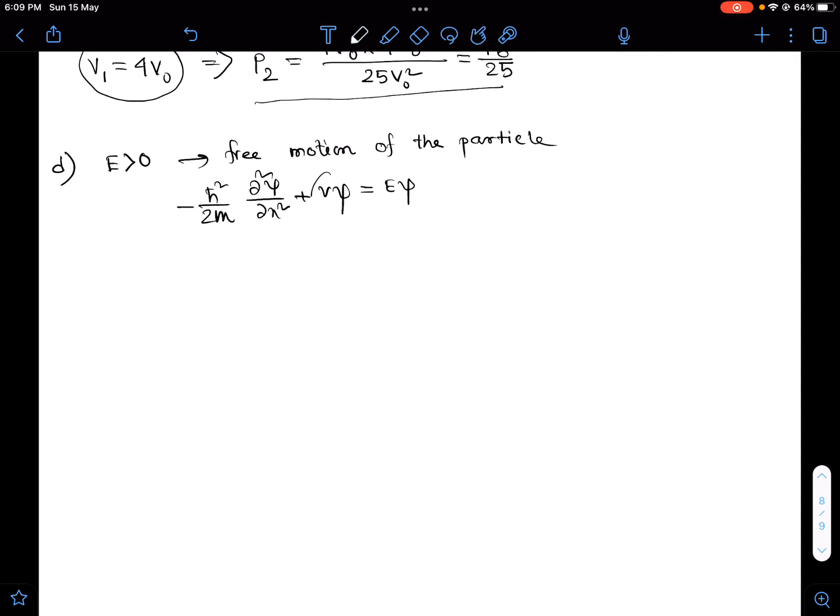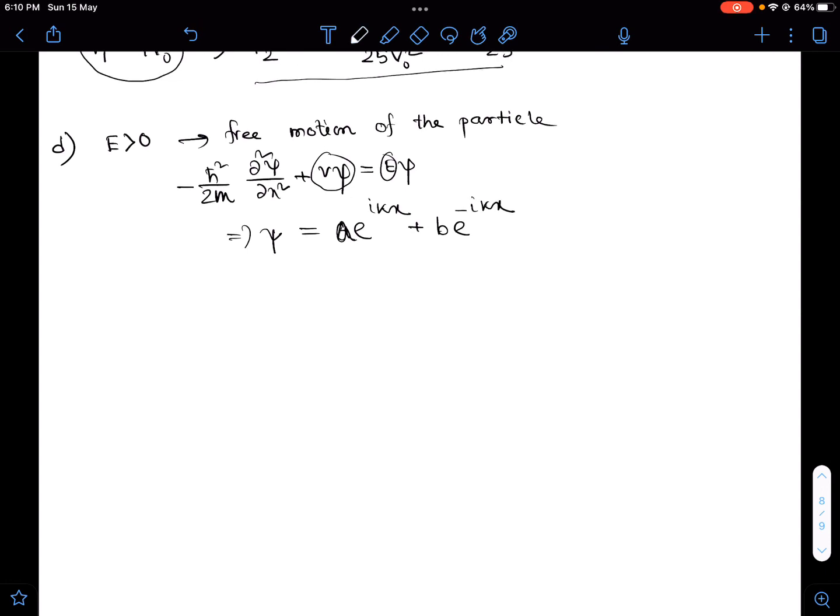Here V is 0 and E is positive, so psi will be like a e to the power ikx plus b e to the power minus ikx. This will be the solution both for x less than 0 and x greater than 0.